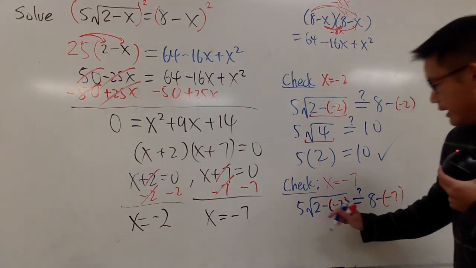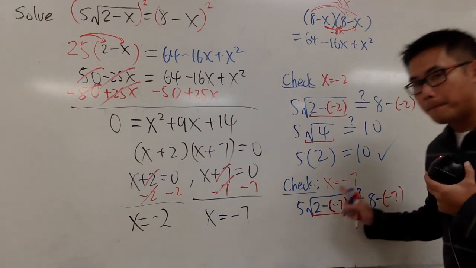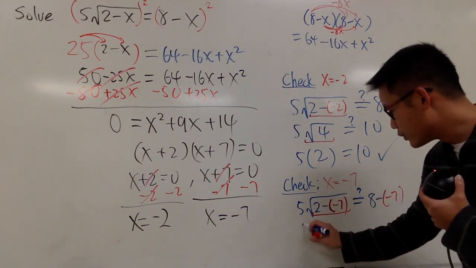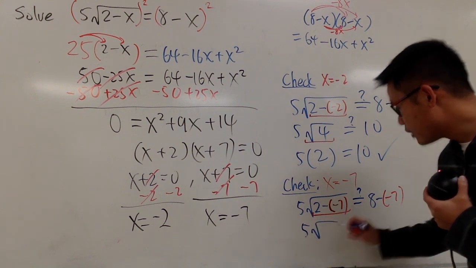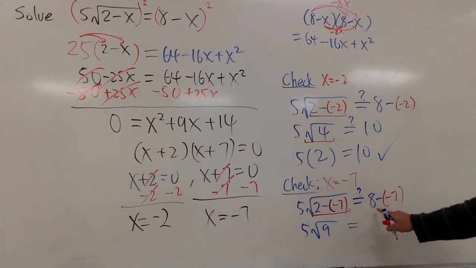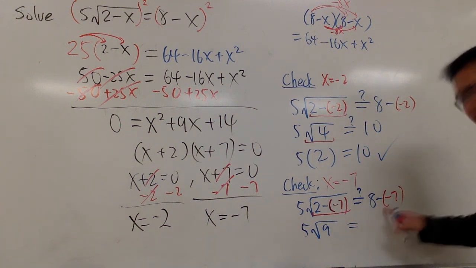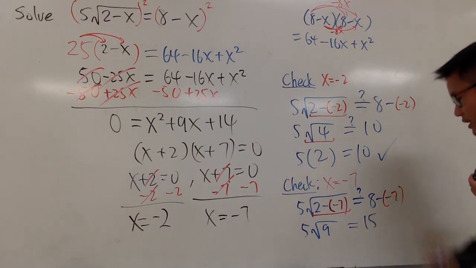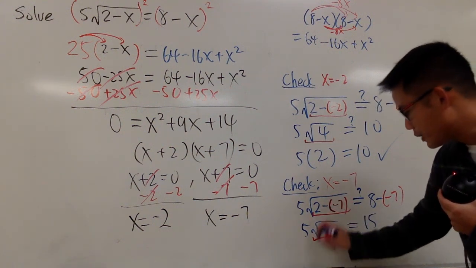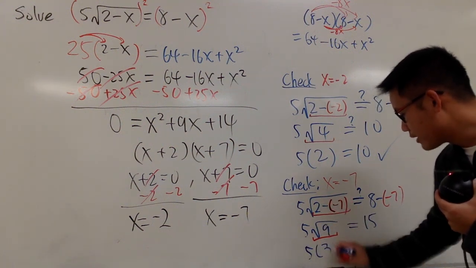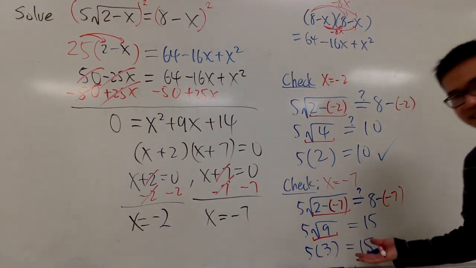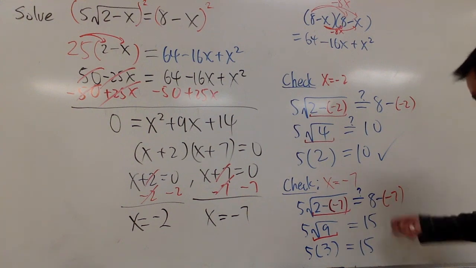Okay, let's see. Inside here, this is 2 plus 7, right? So it's a 9 inside of the square root. So we write this down, 5 times the square root of 9. And then this right here, this is 8 plus 7, which is 15. Furthermore, you see this is a regular 3. So we have 5 times a regular 3 now. Do we end up with 15? Yes, it does. 5 times 3 is of course equal to 15.